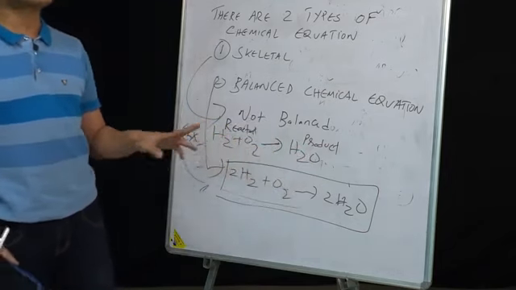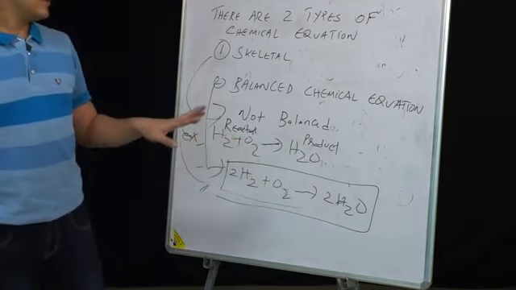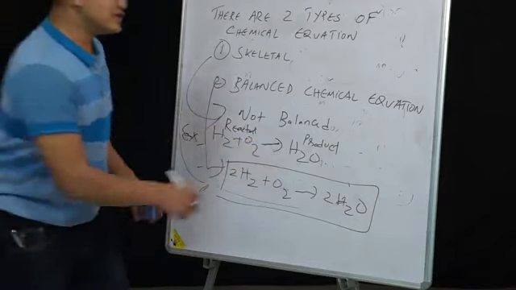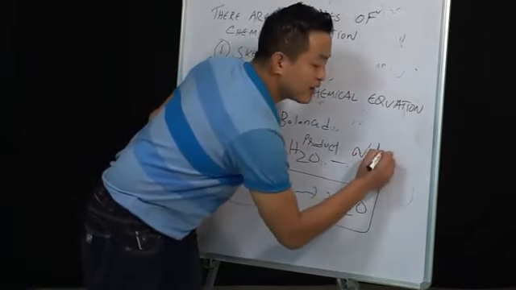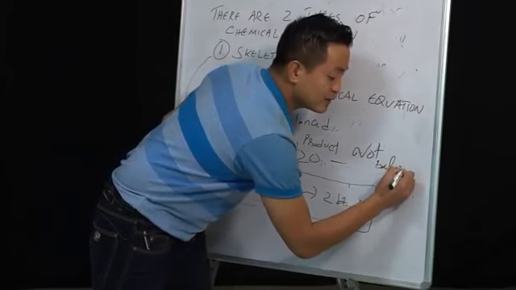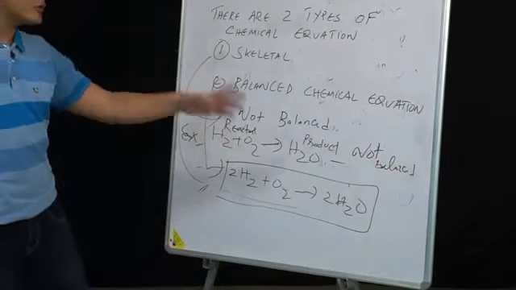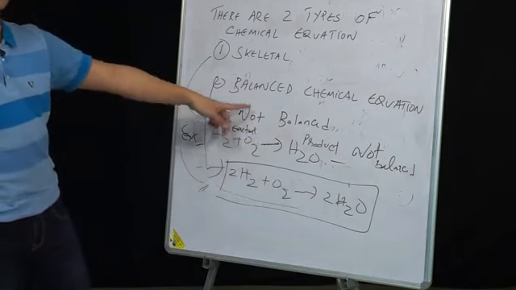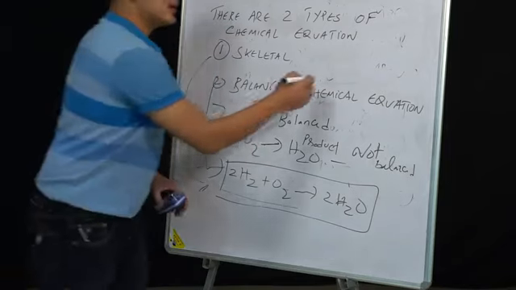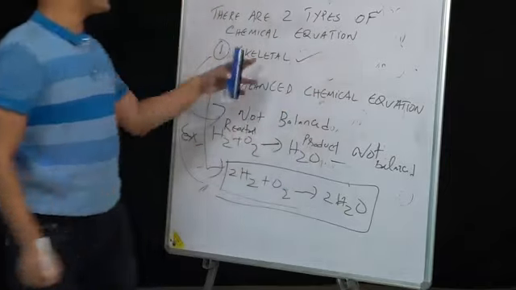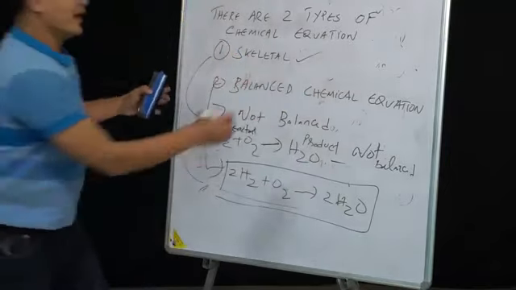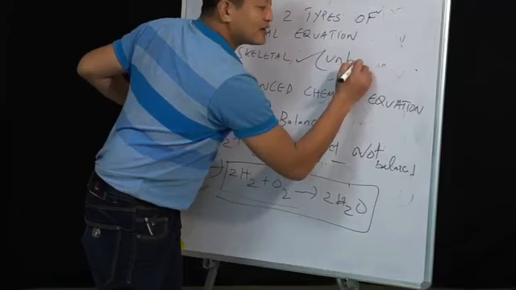So oxygen is not balanced, and this equation is not balanced. Any chemical equation which is not equal or not balanced comes under the category of skeletal chemical equation. Skeletal. This is unbalanced.